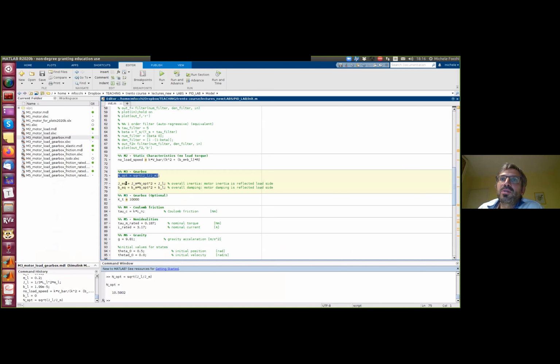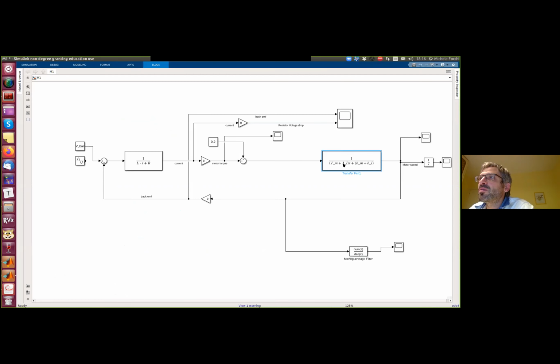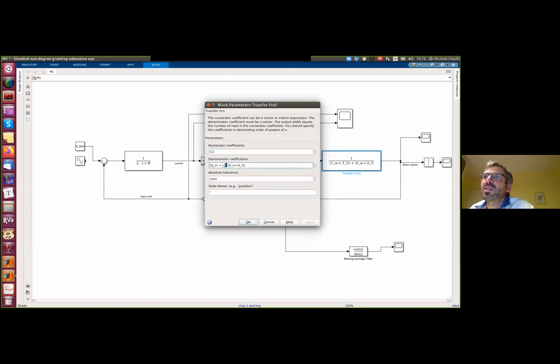And now we should compute what is the equivalent inertia of the motor reflected to the load. And we saw that you should multiply by n squared plus the load inertia. So the new load is J equivalent, and it's like this, and the same for the viscous friction. Then whatever we need is to replace this inertia with Jx and friction with Bx.